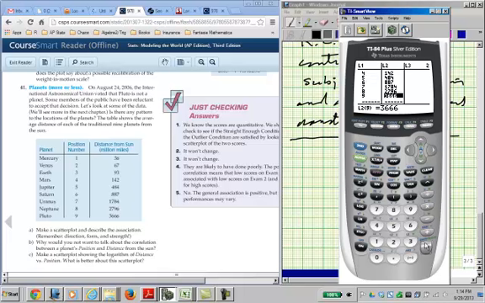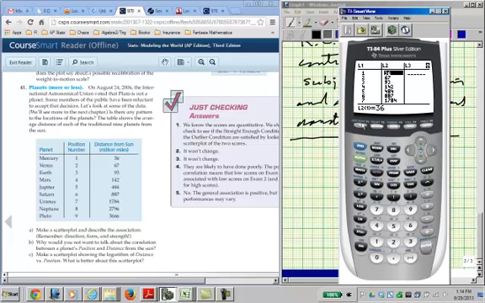Double check my entries: 2796, 1784, 887, 67, and 36. Okay. Now I'm going to look at this, and I got 1 through 9.